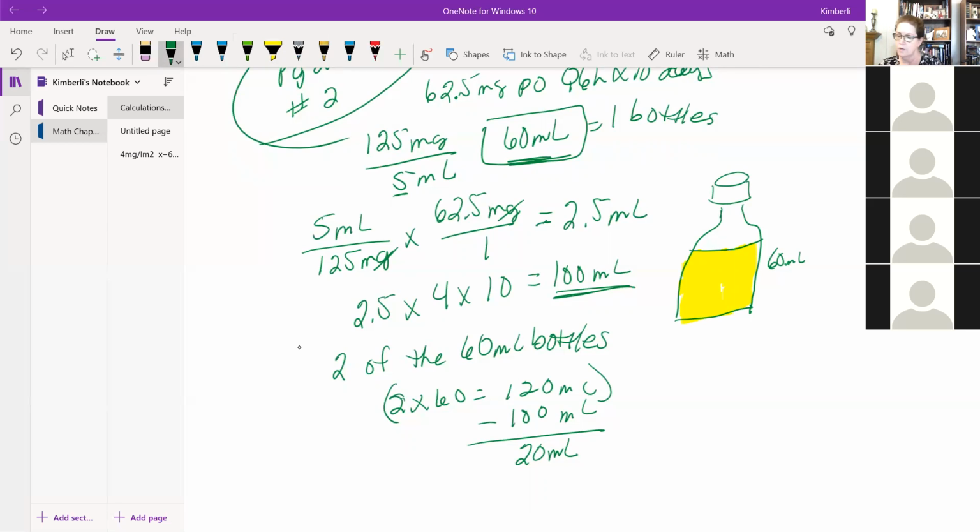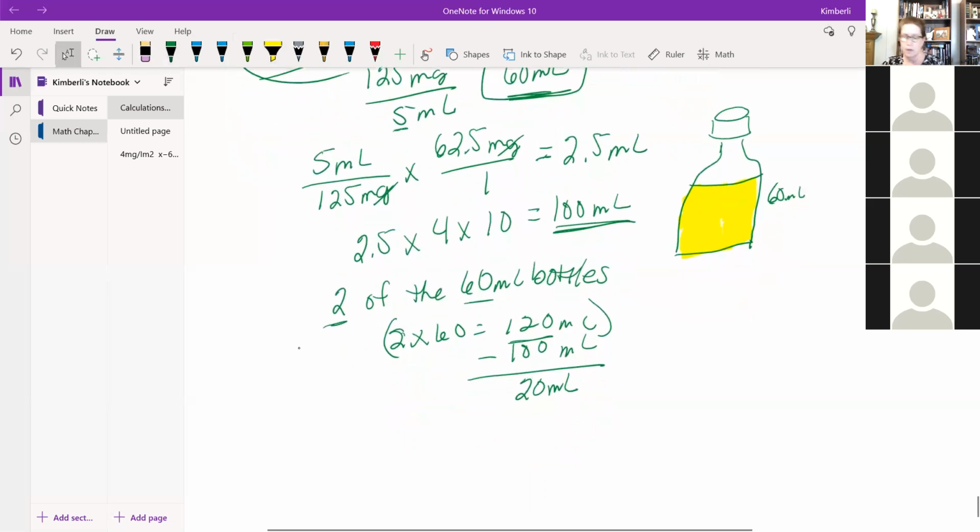Okay, so we need 100 milliliters, but our bottle's only 60. So if we use 2 of the 60 milliliter bottles, that gives us 120 milliliters. Yeah, I get it. Thank you. Okay, so if we use 100 milliliters of it, there's going to be 20 milliliters left over.